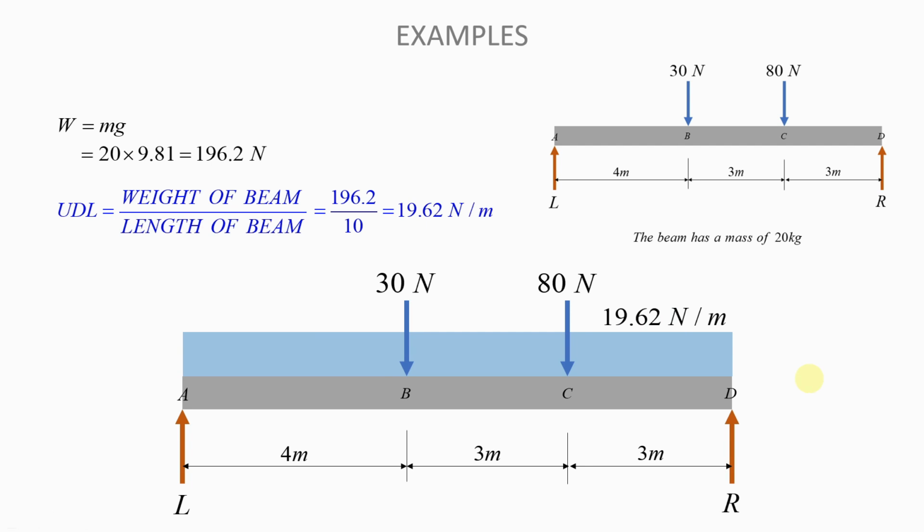So when they give you in a question a beam like this, and then they add that the beam has a mass of 20 kilograms, this mass will allow you to get the weight, and with the weight you will be able to get the UDL that corresponds to that mass using that equation, and that UDL will act over the full length of the beam.